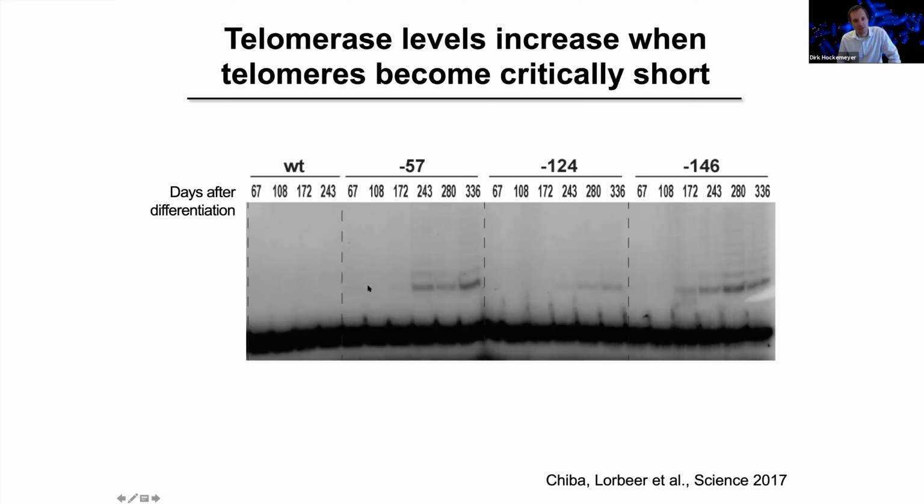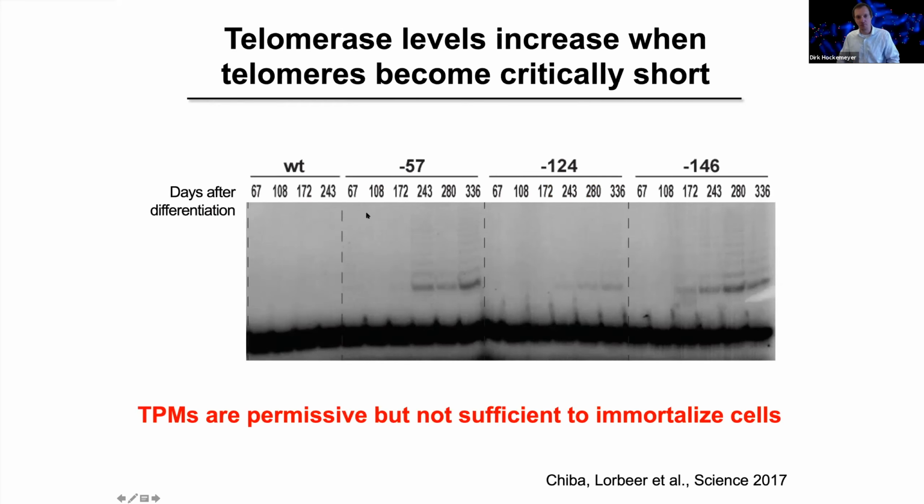However, over time, when telomeres continue to shorten, we find that telomerase levels stabilize and increase in these cells, specifically in the cell lines that have these TERT promoter mutations, arguing that the TERT promoter mutation is only permissive for the upregulation of telomerase to levels that are immortalizing cells, but that initially they do not grant cells the telomerase activity that they eventually need to acquire.